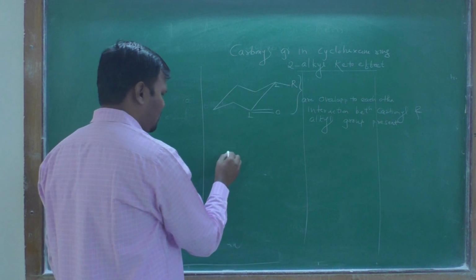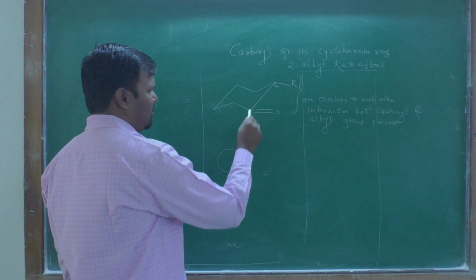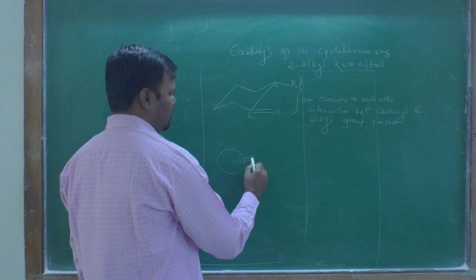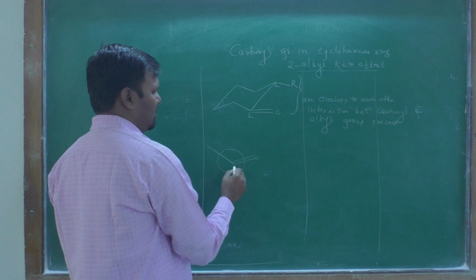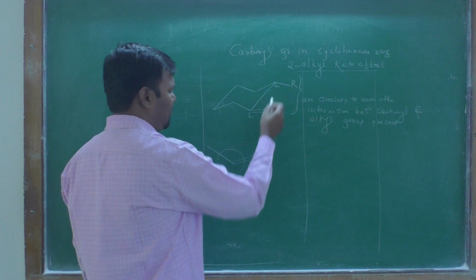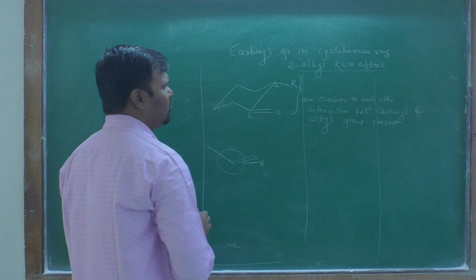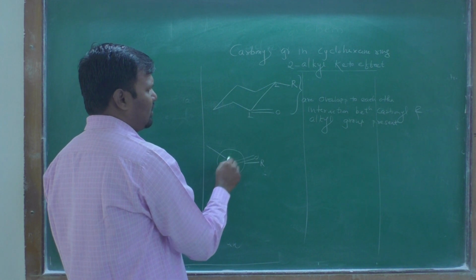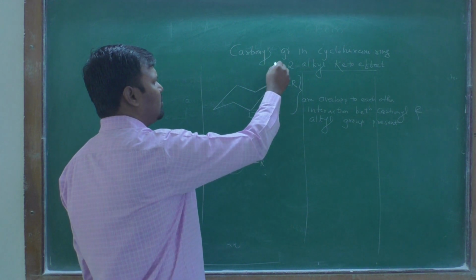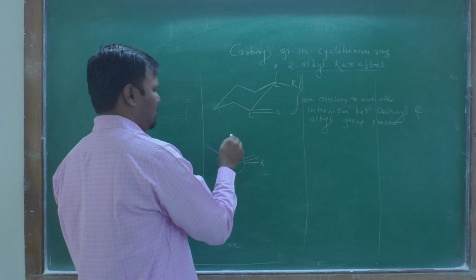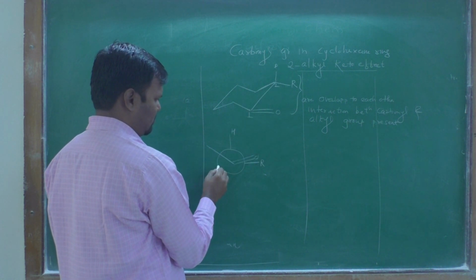When you show this molecule in staggered form, you find the carbonyl is like that, the second group is like that with no hydrogen there, and behind it the R group is there, and the acyl hydrogen is at the top.